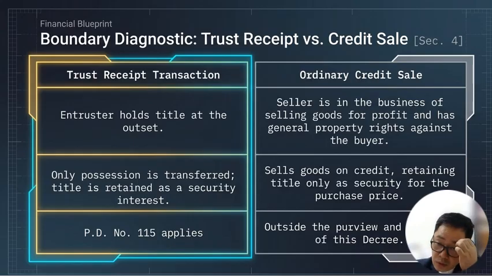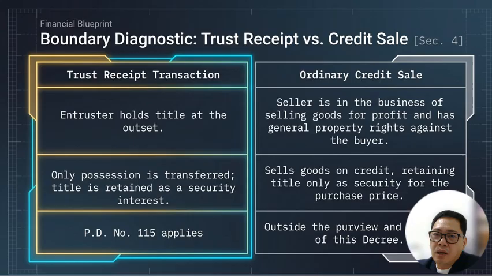The key boundary distinction: the ultimate diagnostic test depends on the origin of the property rights and the core nature of the transaction. If a financier holds the title merely to facilitate the entrustee's acquisition and subsequent sale of third party goods, it is a trust receipt.